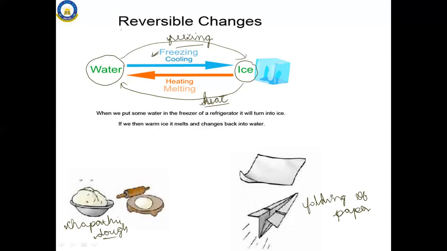I hope you have clearly understood what a reversible change is. So now how do we define reversible change?